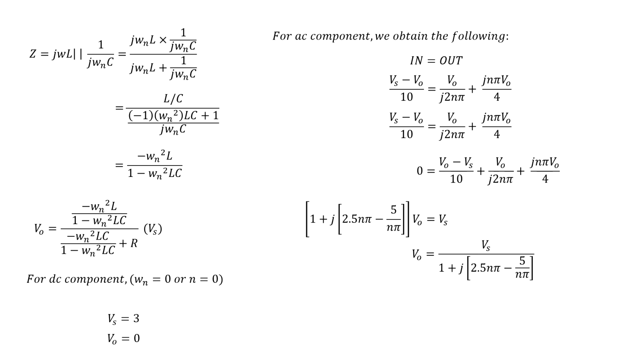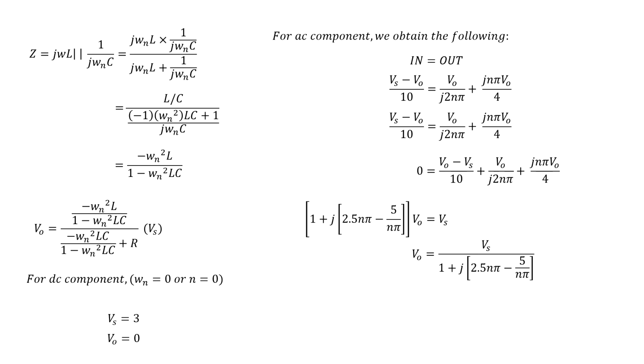For the DC component, there is a rule that the capacitor and inductor values will be 0. Because that is the rule, we can just use a simple voltage divider to find Vo of this DC component.